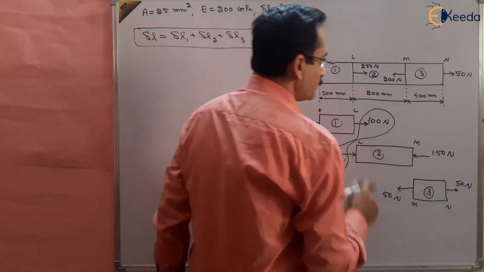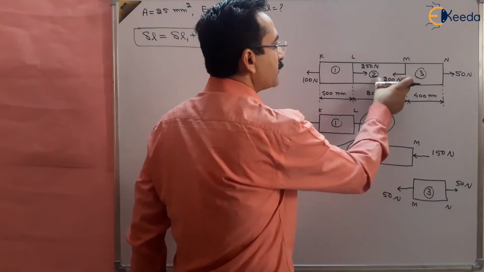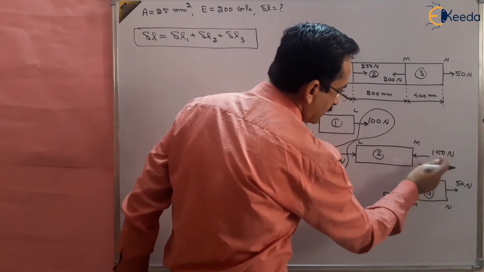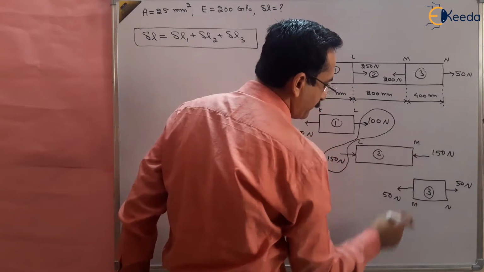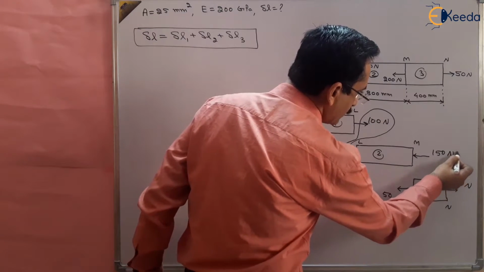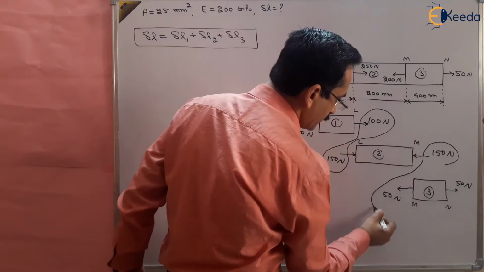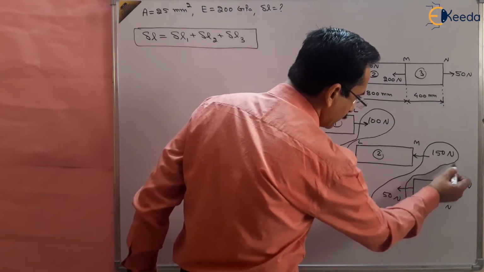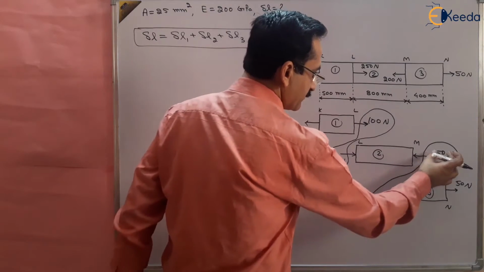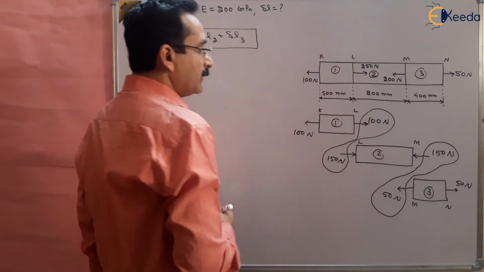And we can check also that at the M point the total load is 200 Newton leftward. So 150 at the M point in LM, and 50 in MN, right? The sum of these two loads should be 200 Newton leftward, which is there, right? So 50 plus 150 leftward, right?